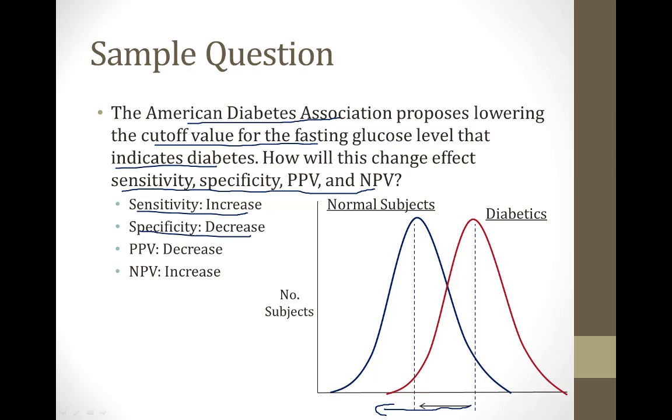And then we just talked about in this module how moving the cutoff point this way on the curve will decrease the positive predictive value, and then negative predictive value will always follow the opposite rule, so it will increase. So now you know how to answer questions about what happens to moving the cutoff point on all 4 of these features of a diagnostic test. And that concludes our module on positive and negative predictive value.